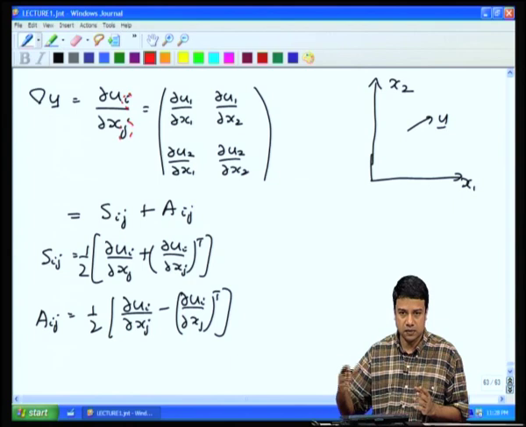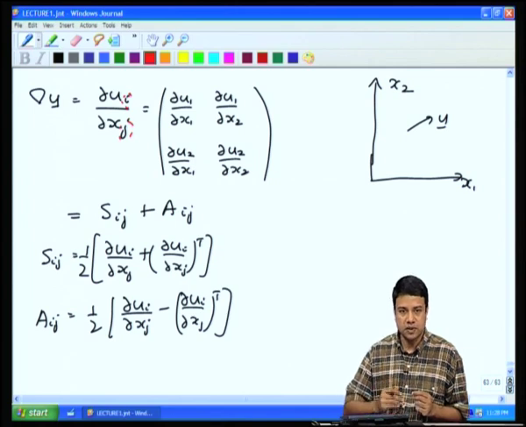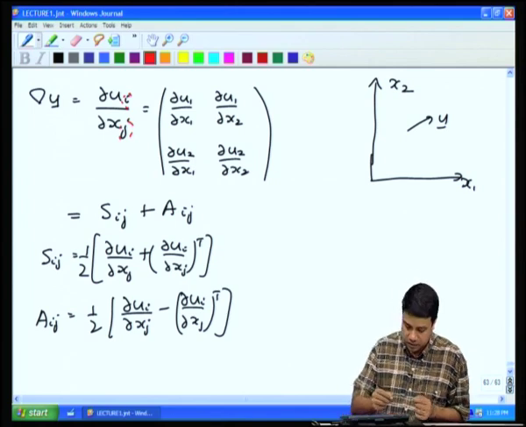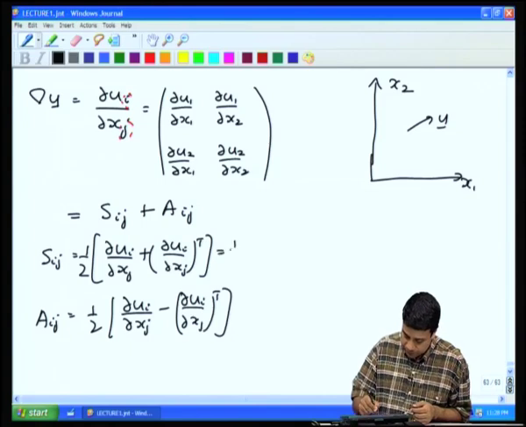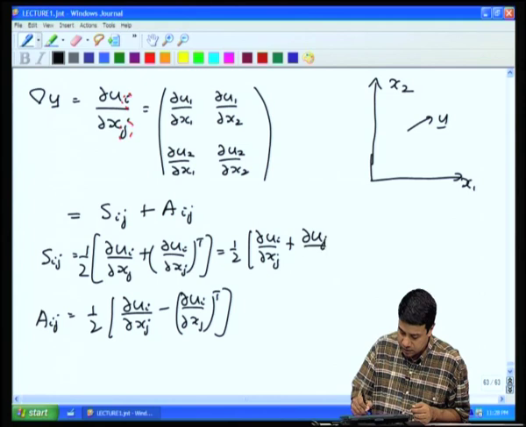So, you are interchanging the row and the column. Since i represents the row index and j represents the column index, the transpose just corresponds to interchanging the row and the column. So, for the second one I interchange the row and the column, and I get partial u j by partial x i.